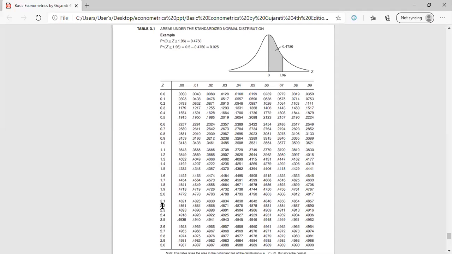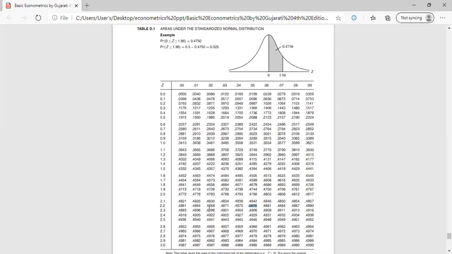2.25: 2.2 here, and 5 from this column. So you go all the way to 2.25.